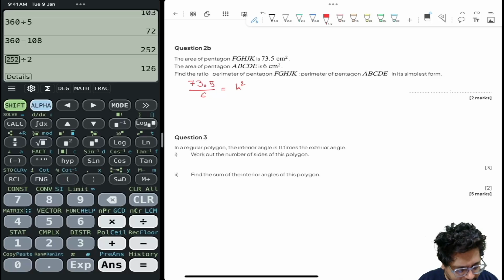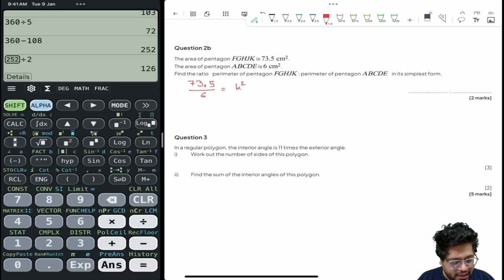So we want to find k here, which is the ratio of perimeter, and the area ratio is given, which is k square.